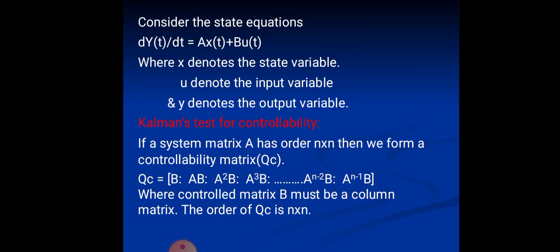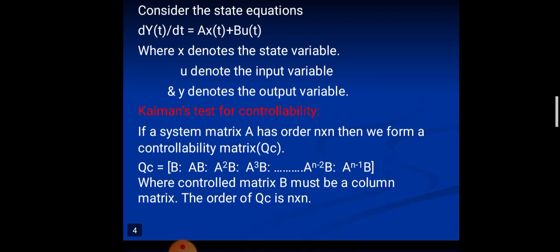Then QC equals matrix B, matrix AB, matrix A square B, matrix A cube B, and so on up to matrix A to the power n minus 1 into B, that is an n into n matrix, where control matrix B must be a column matrix. The order of QC is n into n.